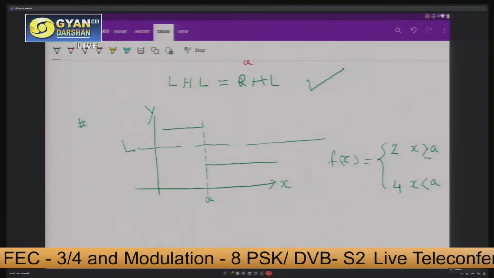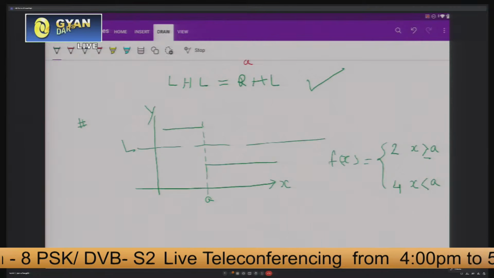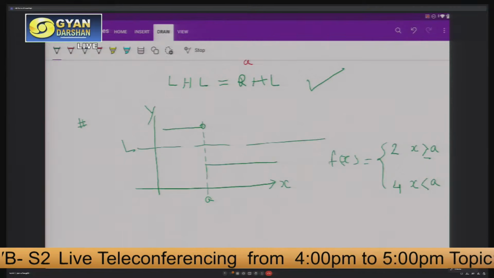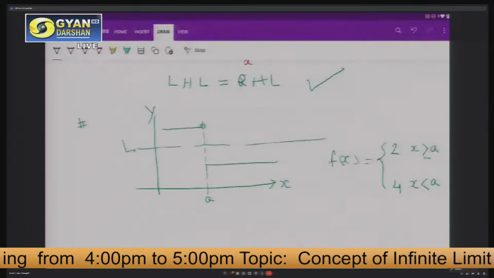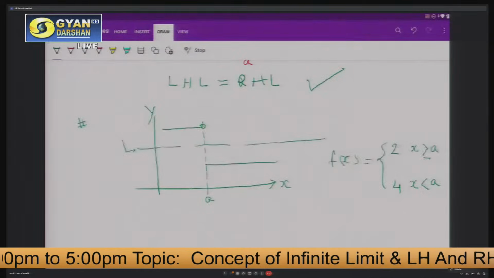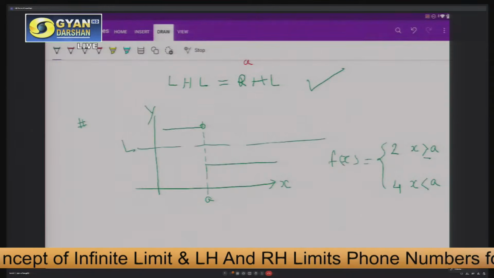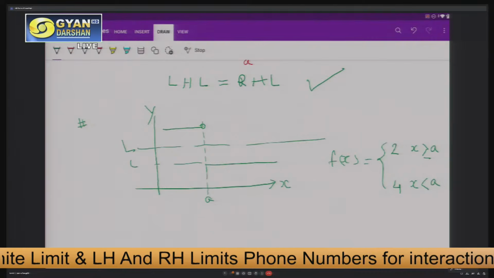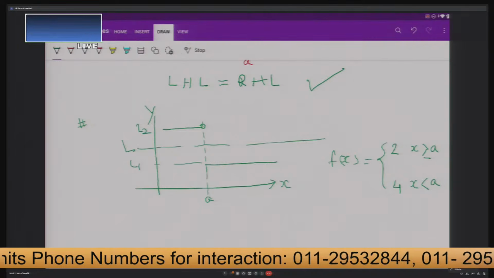So this is the graphical presentation. Here this point is not there, and this point is included here. So as you can see, say this is value L1 and this is L2.